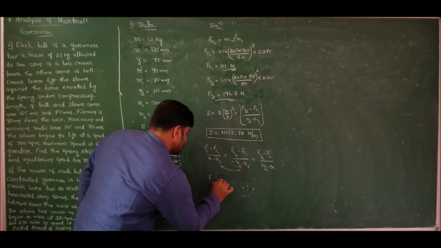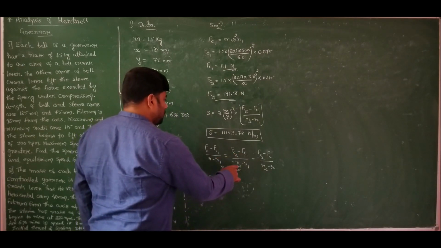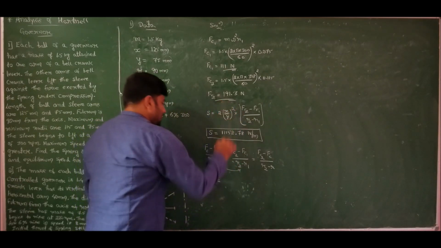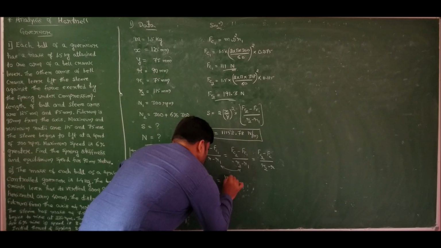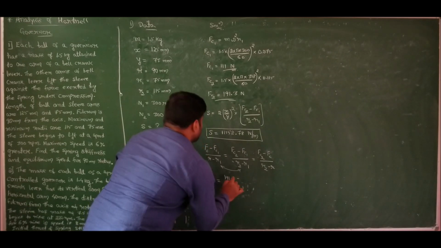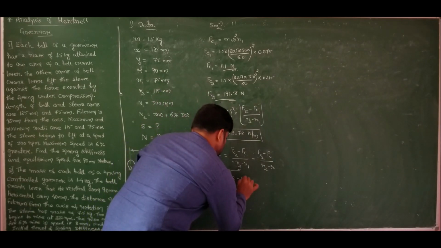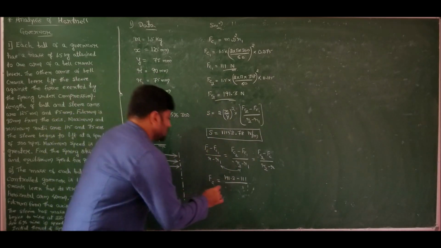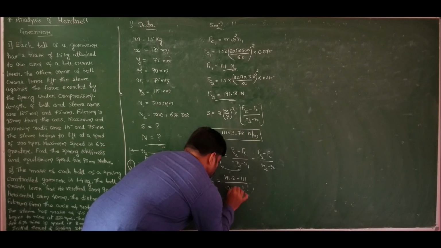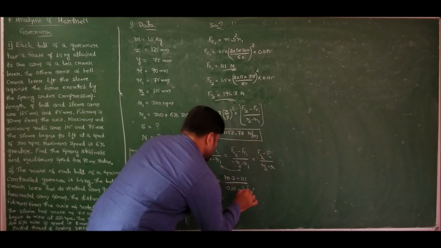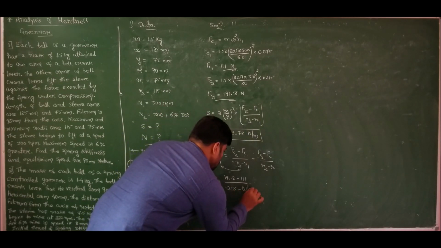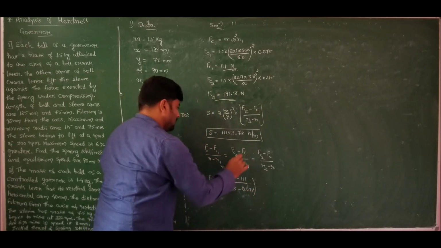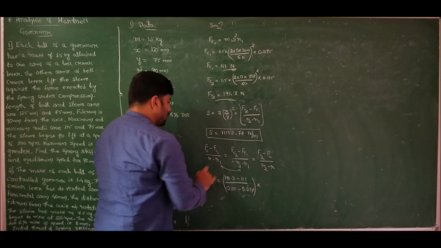So Fc will become (Fc2 minus Fc1) by (R2 minus R1), that is, (191.3 minus 111) divided by (0.115 minus 0.075), multiplied by (R minus R1).